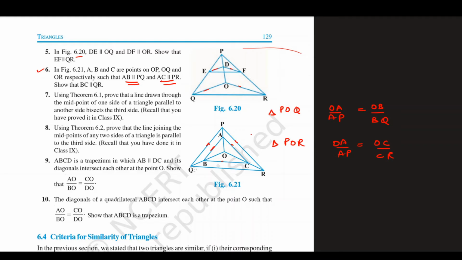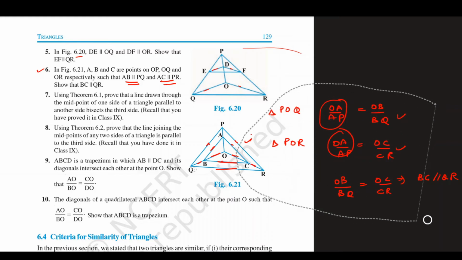Now these two are common, hence these two must be the same. So we have OB upon BQ is equal to OC upon CR, which implies that BC is parallel to QR. So this ratio upon this ratio is equal to this ratio upon this ratio, hence BC and QR are parallel. So we have done this too.